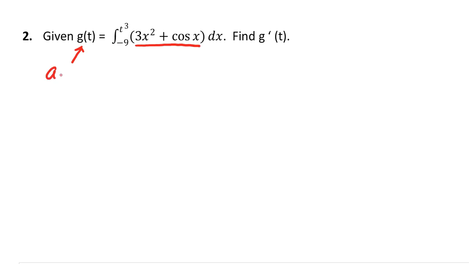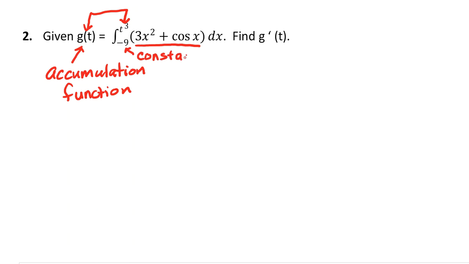So again, this is called our accumulation function or accumulator. So function g is accumulating the area, and again, notice that these two have the same independent variable here, and our lower limit is a constant.